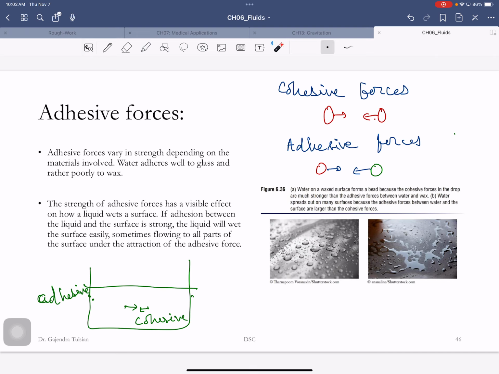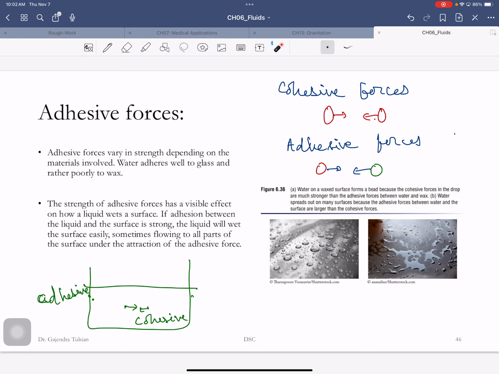In this case, water and glass would be the adhesive force. Cohesive forces would be water and water.